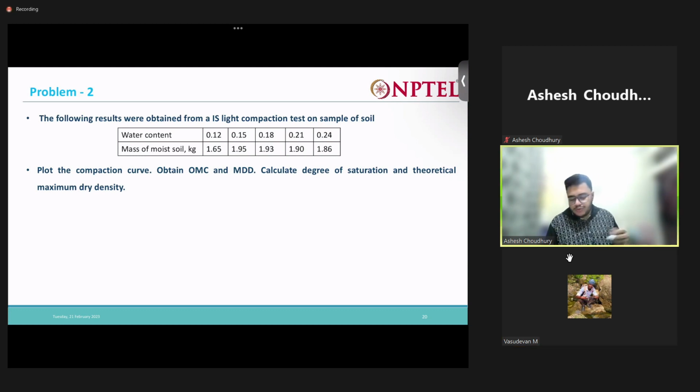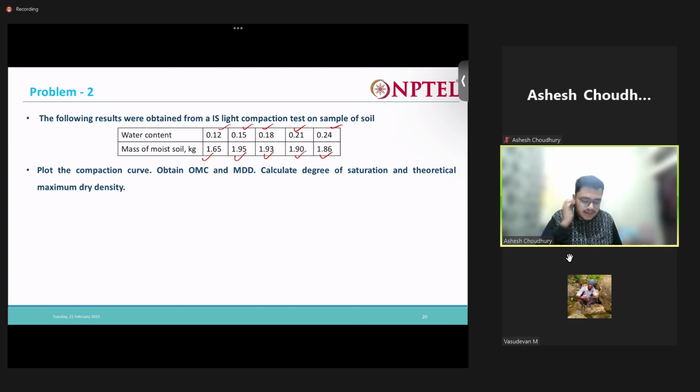So we have some values of water content, and corresponding to these water contents, we have the mass of the moist soil that was fit inside the mold. What we need to do is plot the compaction curve, obtain the optimum moisture content and maximum dry density.